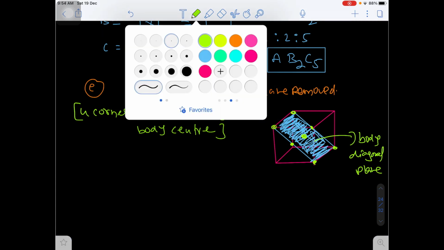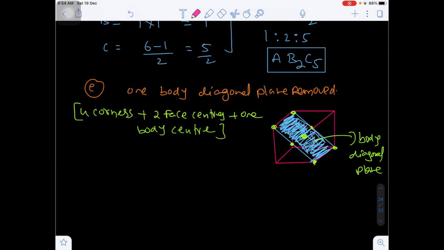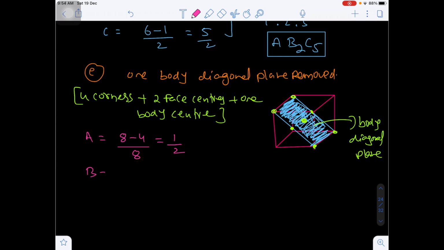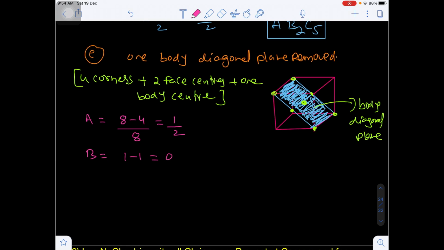Now the calculation: how many particles are present at corners? 8. But out of 8 corners, 4 are missing, so the remaining corners are only 4. So 8 minus 4, that is 4 into 1 by 8, that is 1 by 2. The body center has only one particle, which is also removed, so 1 minus 1 is 0.